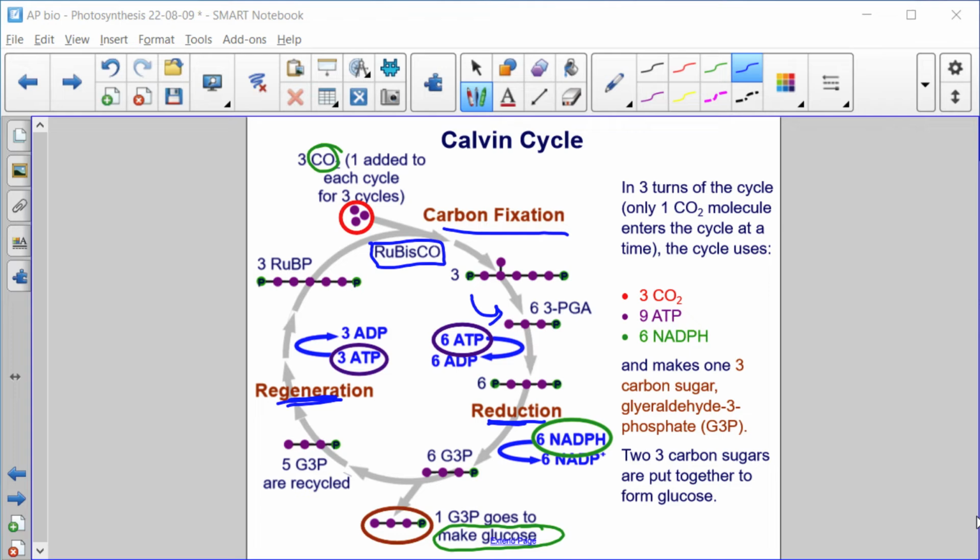This is CO2 reduction because we're adding electrons and energy to the CO2 molecule. There are a sequence of reactions that use the ATP and the NADPH from the light reactions. 6 each, 6 ATP, 6 NADPH.